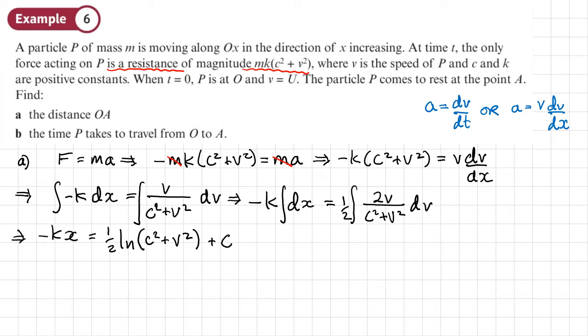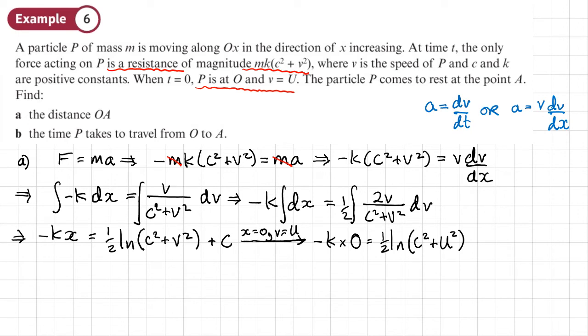So now we're going to use this bit of information that when P is at the origin, v is equal to U, and we'll use that to find our constant of integration. So x is 0, v is equal to big U, we'll substitute those in. So we'll have negative k times by 0 is equal to a half natural log of c squared plus u squared plus c.